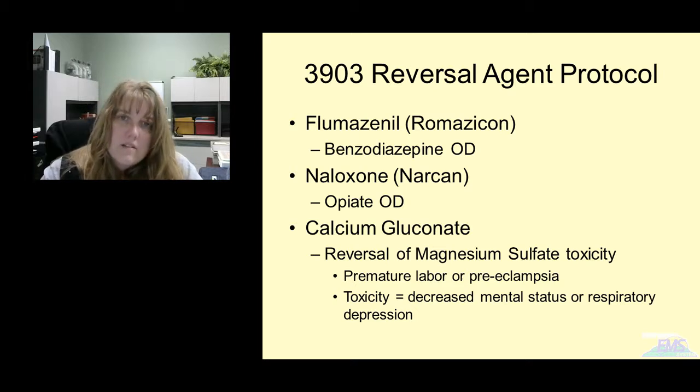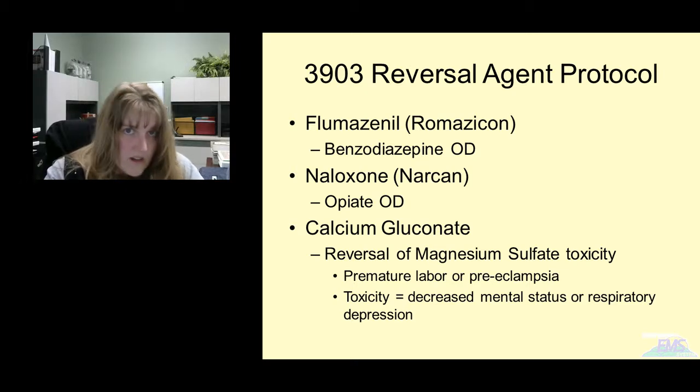And then the calcium gluconate is the reversal agent should we have a patient who has suffered magnesium sulfate toxicity. Mag sulfate is given to patients that are in premature labor or experiencing preeclampsia. It may be that you have that mag sulfate on board, and it is an infusion, and you're monitoring that infusion, and you see toxicity.